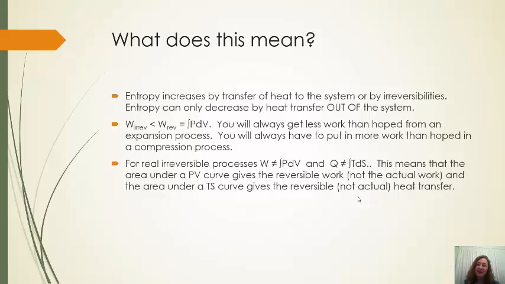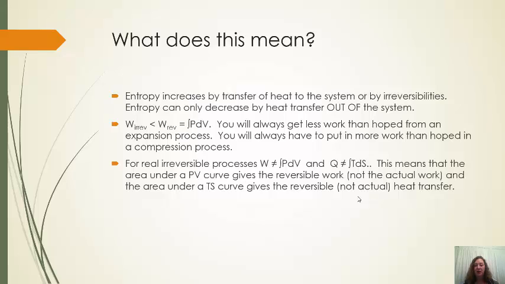What that tells me is you always get less work than you hoped from an expansion process. If you think about the fact that the signs are different for work input, and being smaller than a negative number means you have a larger value, then this also means that if I am putting work into a system, I really am going to have to put in more work than I thought necessary.